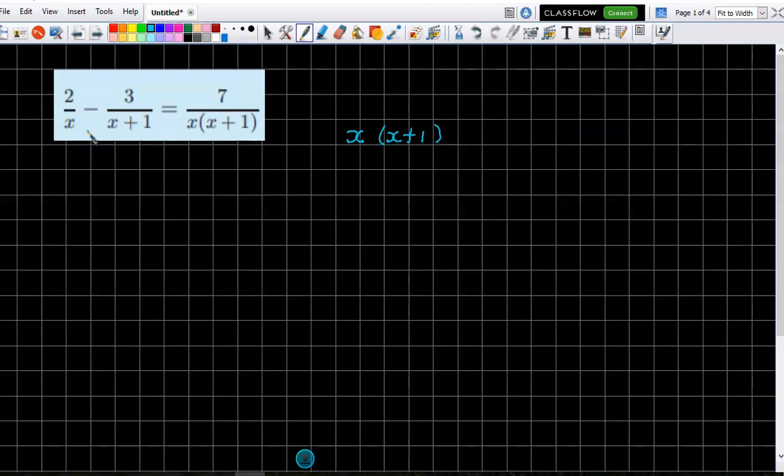Yes? So you've got options here. If you go, yep, I'm just going to do what I've always done, and times my denominators together, then what did we do? You cross multiply, right? So 2 times X plus 1 minus 3 times X equals the right-hand side.